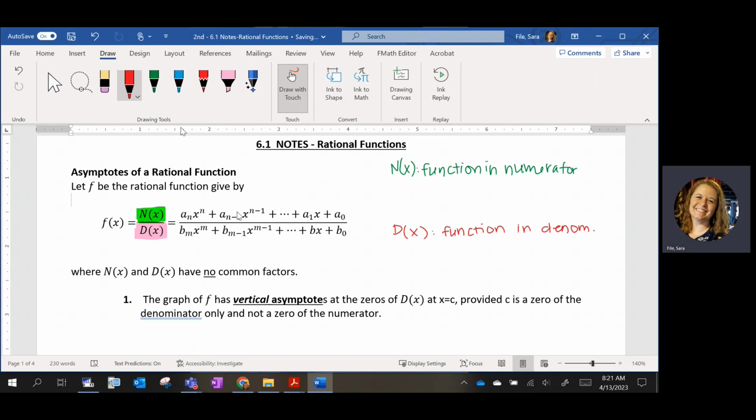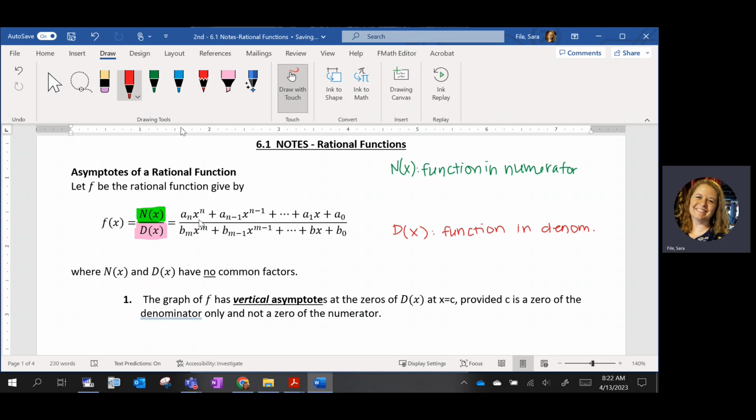And then it progresses, because when we have it written in standard form, we have the highest degree first, the highest exponent, and then, so like, let's say this was x to the 4th, then this next term would be your x cubed, if there was one, and then x squared, and then x, and then your constant. Y'all remember that from polynomials? So that's all this is. We've got one polynomial over another polynomial.